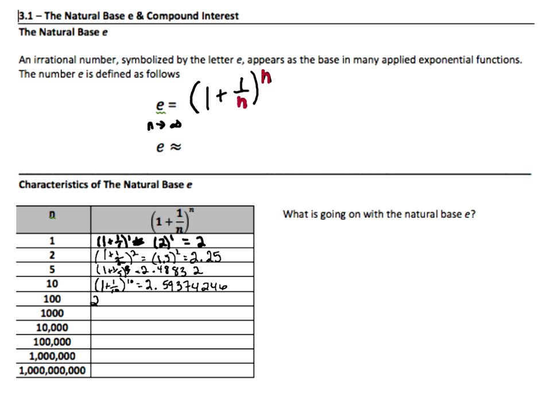So we are going more positive. 2.70413829, and then 1 plus 1 over 1,000 raised to the 1,000th power. 1.001 raised to the 1,000th power is 2.716923932.